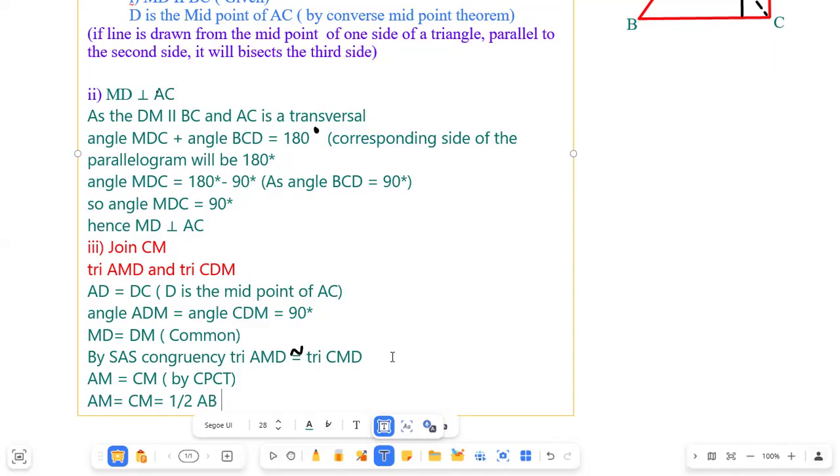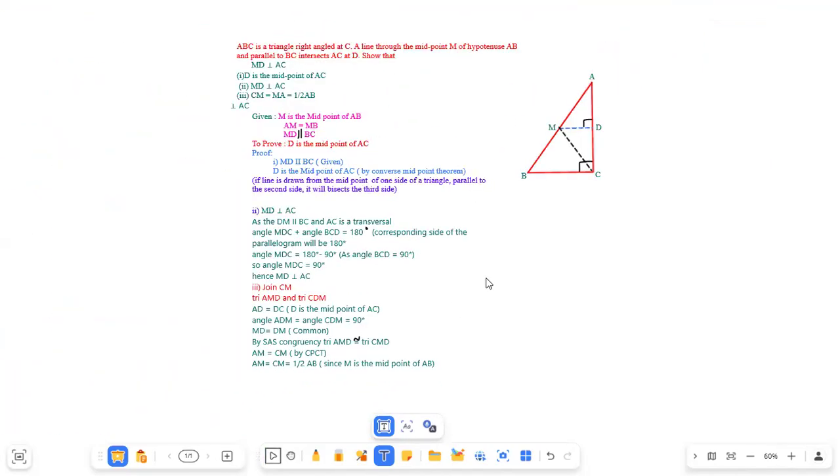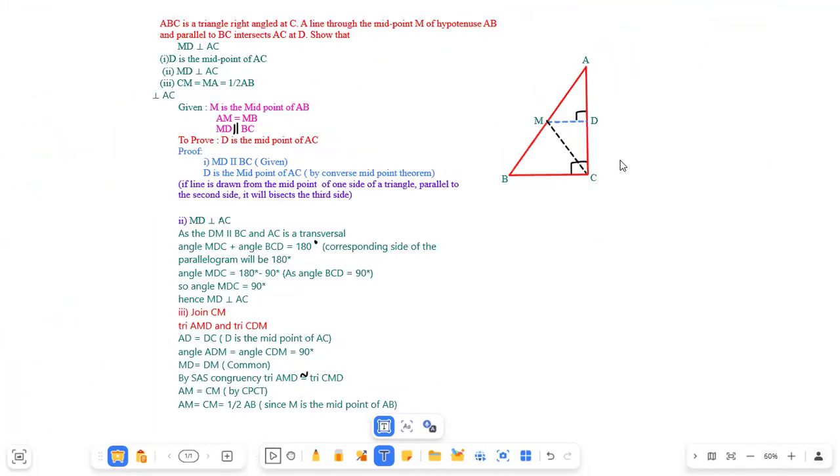This is clear, since M is the midpoint of AB. So here it is proved. Now this is the basic question here. Hence we have proved here.